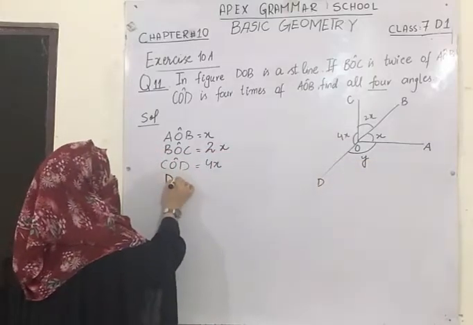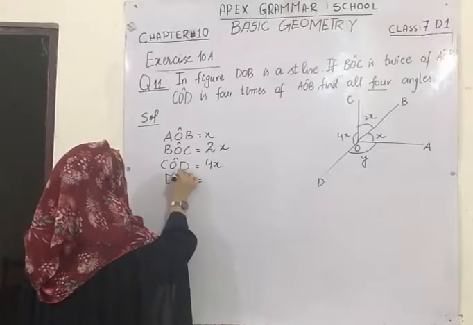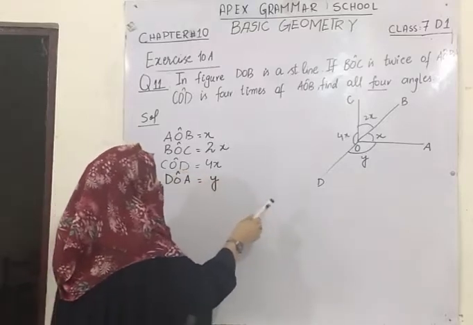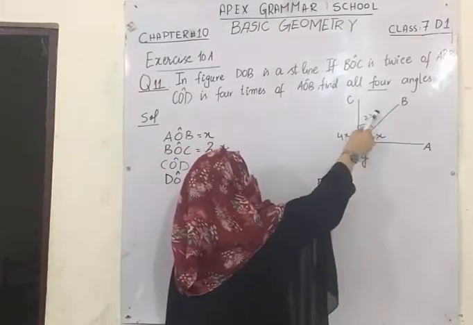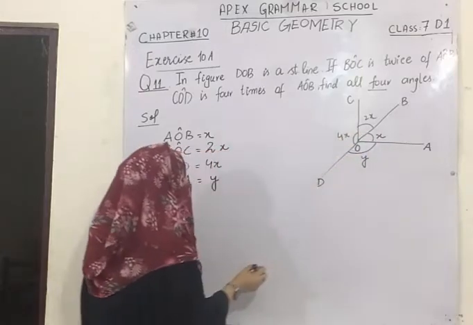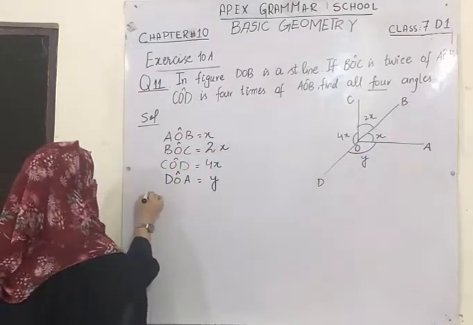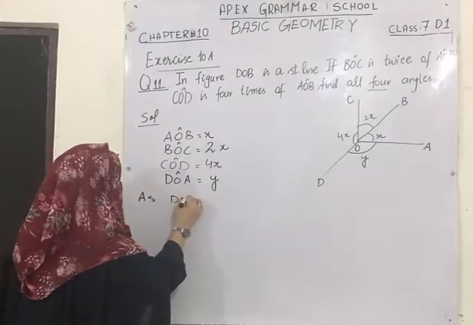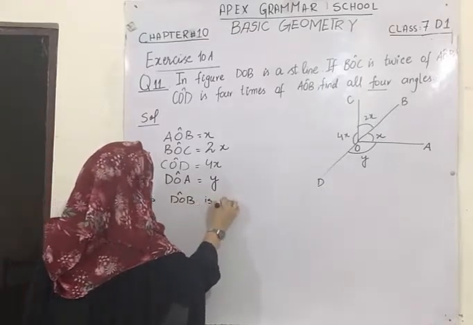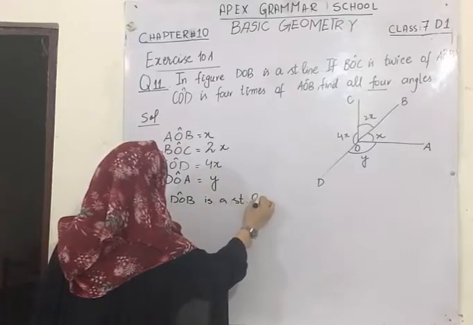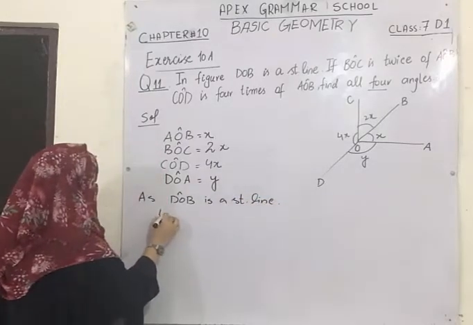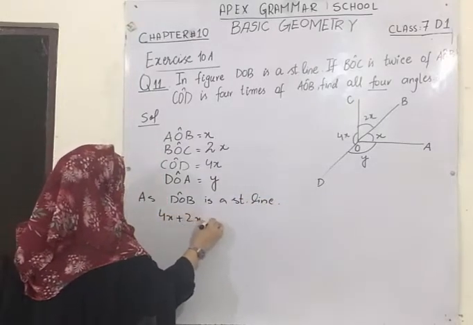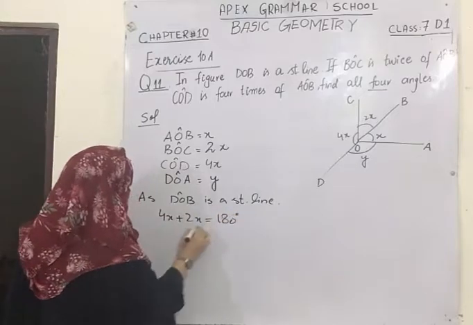So I am going to take my 4th angle as Y. Now DOB is a straight line, so all the angles on this line will add up to make 180 degrees. Hence 4x plus 2x will add up to make 180 degrees.